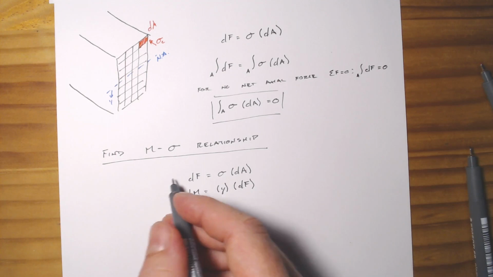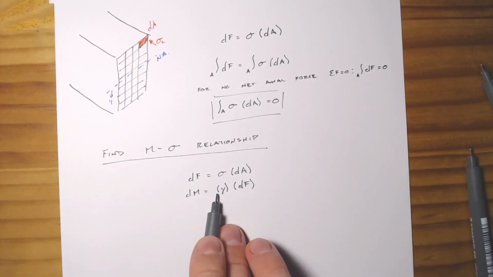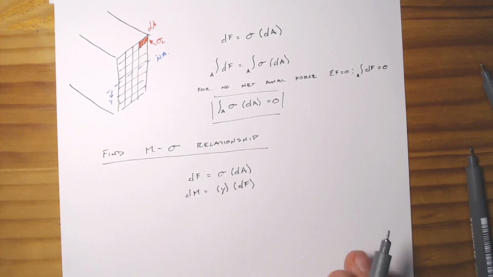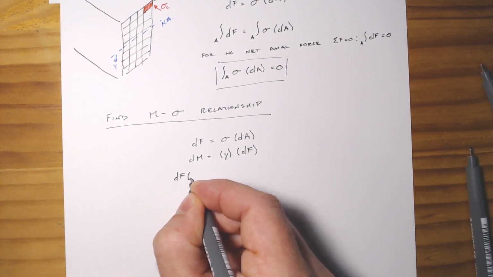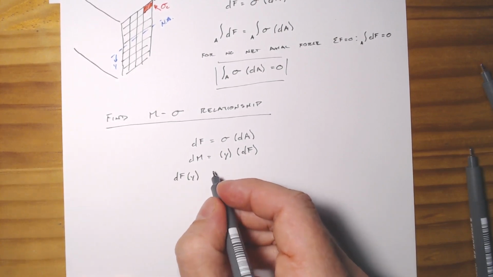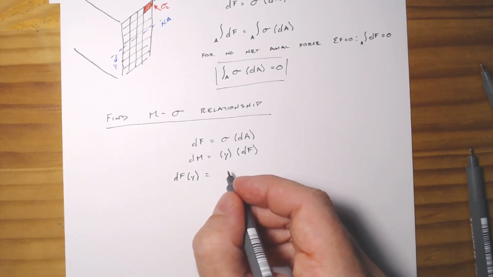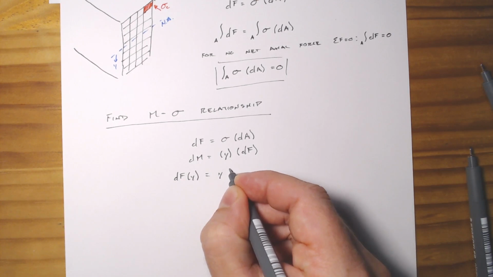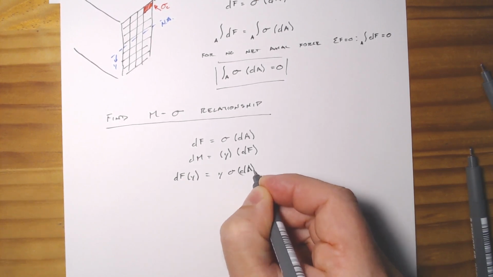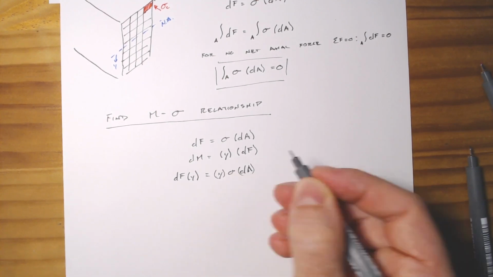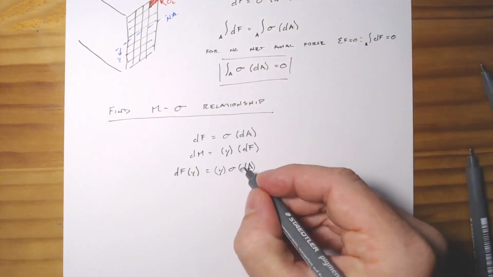All right, cool. So this is sort of our two equations. Well, if we want to substitute in, we can multiply y by both sides. We could get dF times y equals y sigma times dA, so stress times the distance away from the neutral axis times our little tiny bit of area.